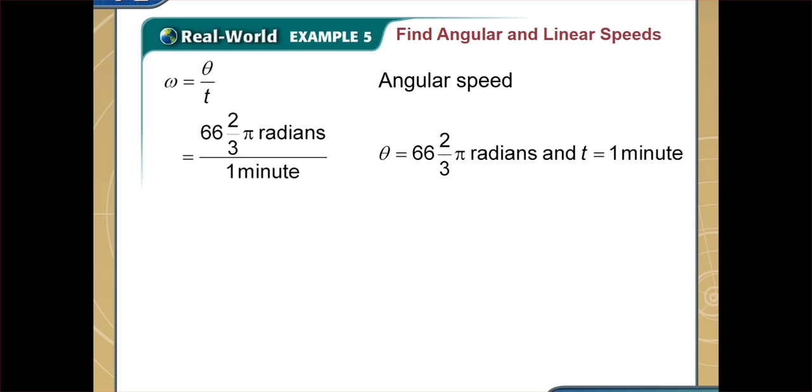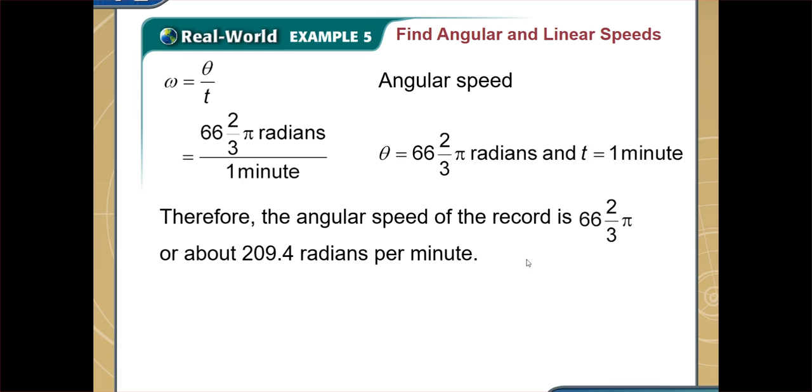Theta is 66 2/3 pi radian, and our time is 1 minute. We are going to simplify this, so it will be about 209.4 radians per minute.